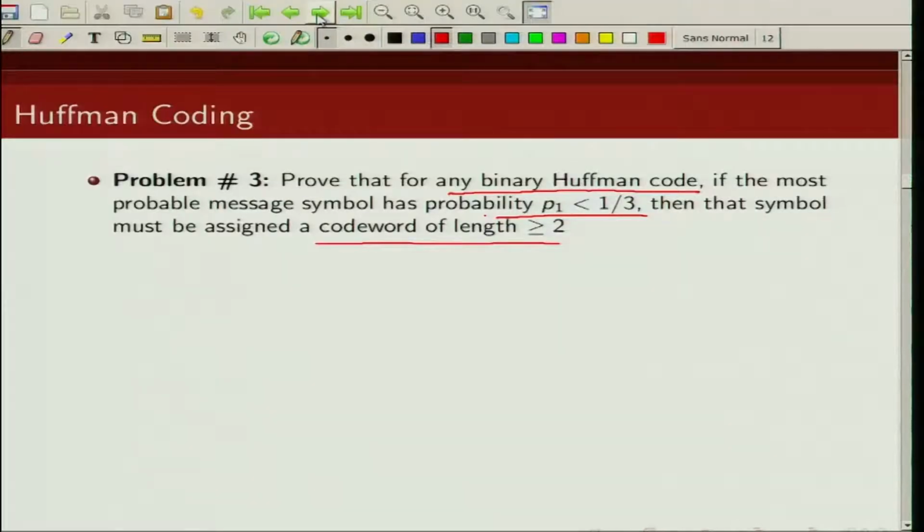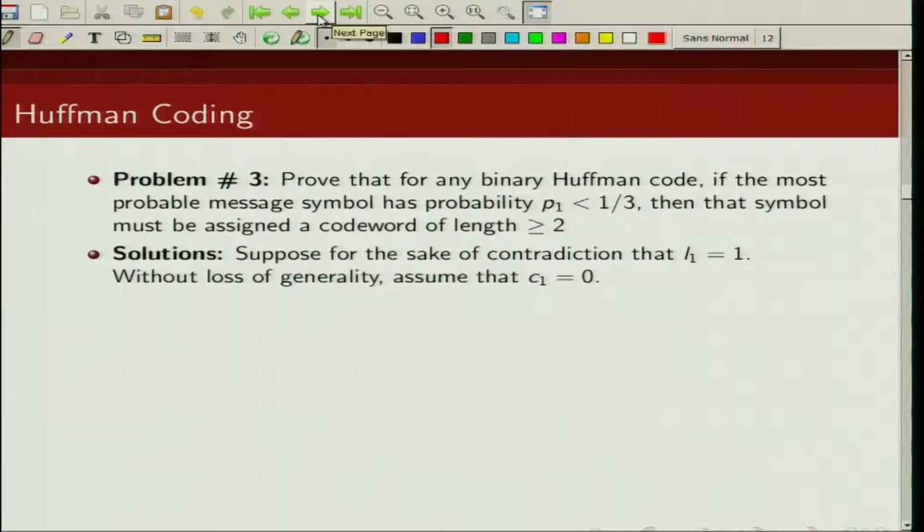Now how do we prove this result? We will use the method of contradiction. Let us say that we are assigning this most probable symbol, which has probability less than 1/3, a code word of length 1, and then we will show that this is not possible.